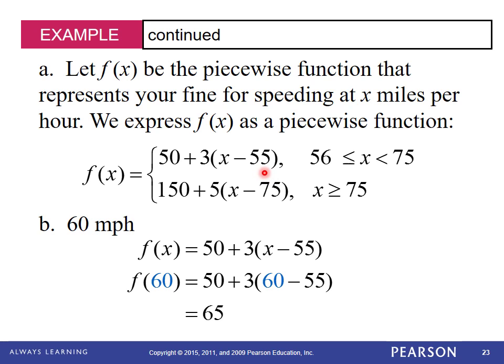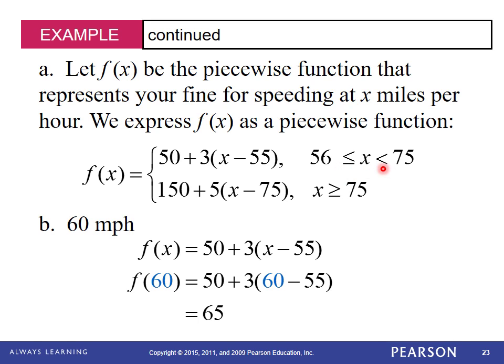Okay, and notice right here, here's where we have a little issue. The "between" part is here. It should have been if you are traveling 56 miles per hour up to, but less than, 75, or something like that.